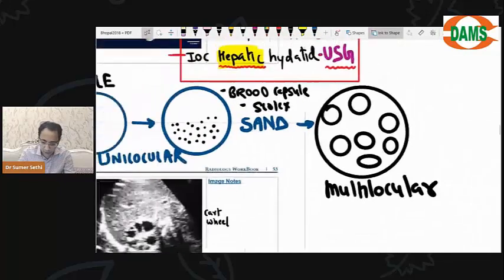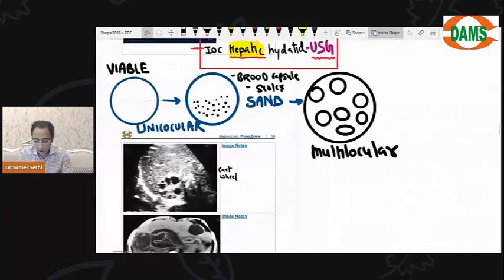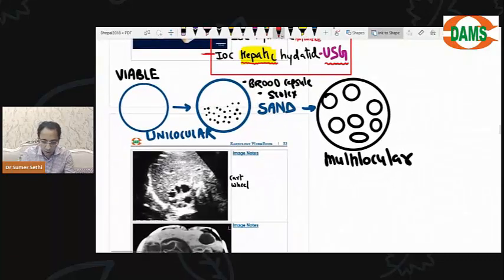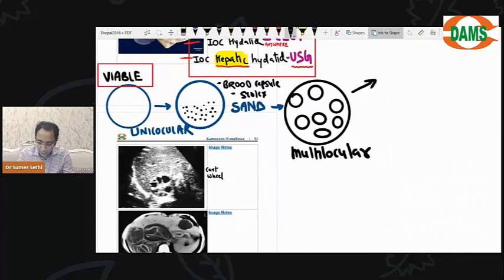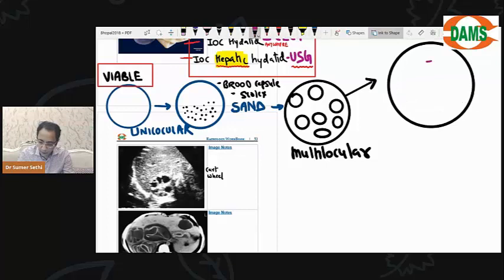These three are all viable stages. Then the hydatid has an inner layer called the endocyst. In unfavorable environments, the endocyst detaches from the rest of the cyst.